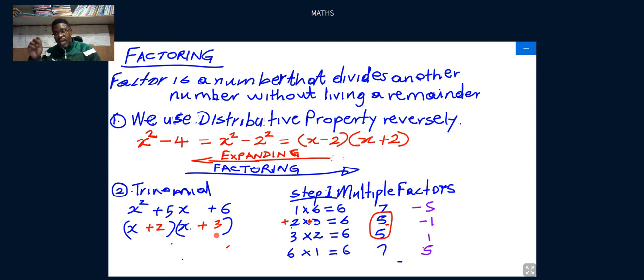From one of those columns, you are going to get an answer corresponding to the middle term of the trinomial, corresponding in terms of the numerical value, the quantity, and also the sign, whether it's positive or negative. You choose that combination and you bring it as it is together with its signs into the brackets. So this is how we've done it. If you use FOIL here, it will go back to this. So FOIL is our friend.